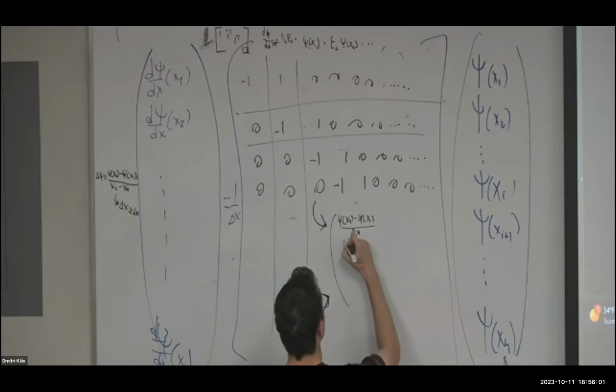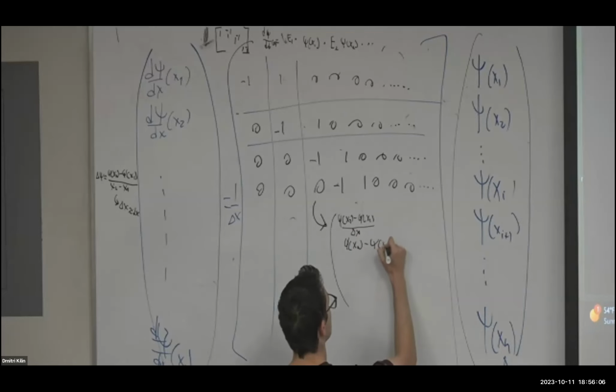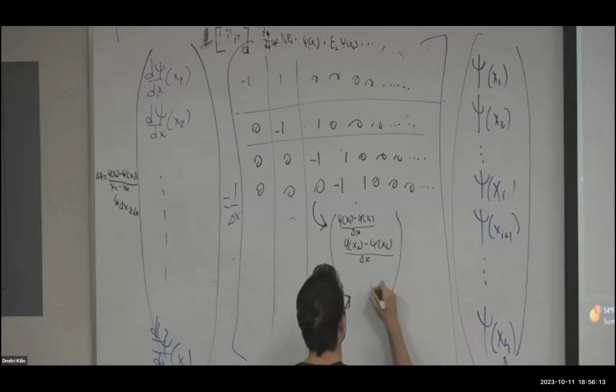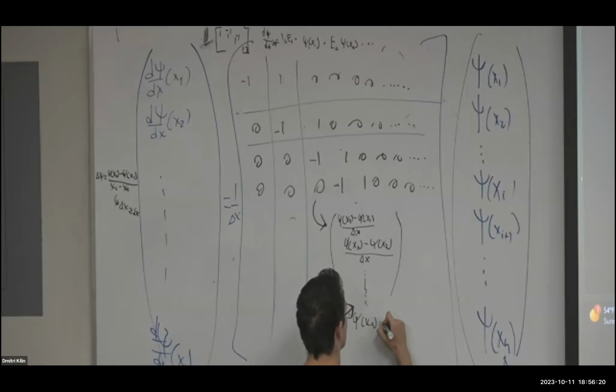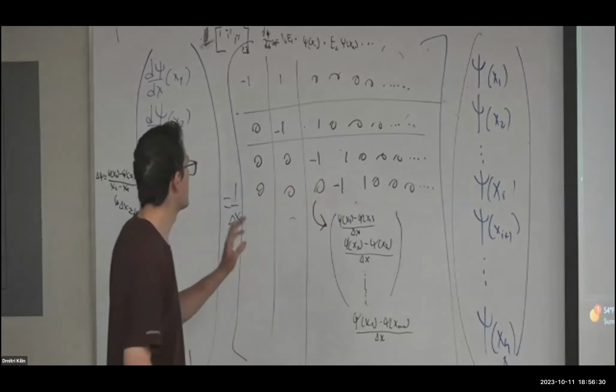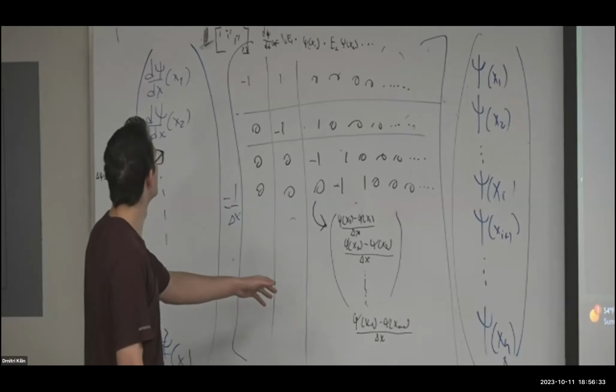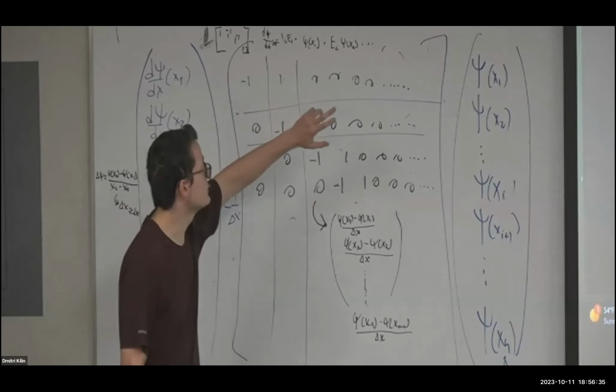The next one is going to be psi of x3 minus psi of x2 over delta x. And then we go down all the way until we have psi of xn minus psi of x(n-1) over delta x.